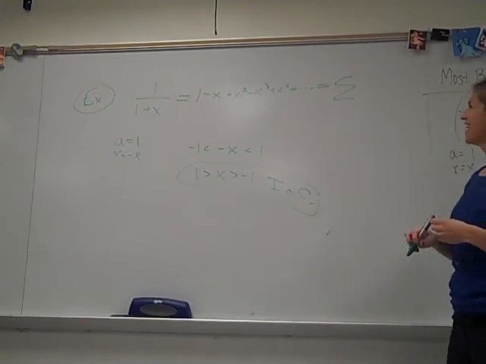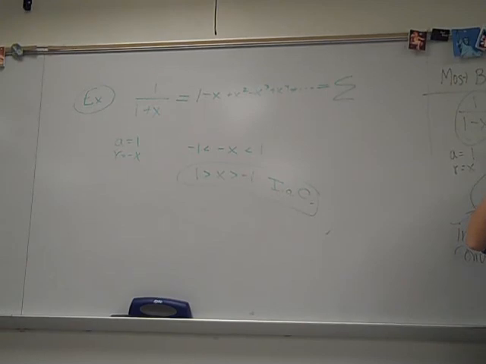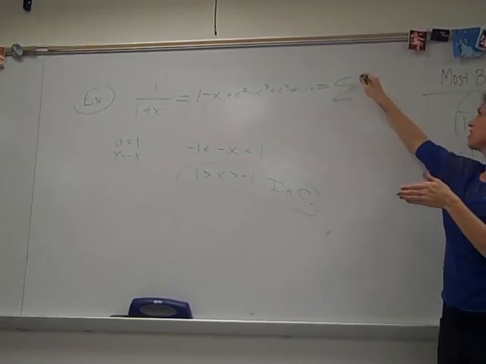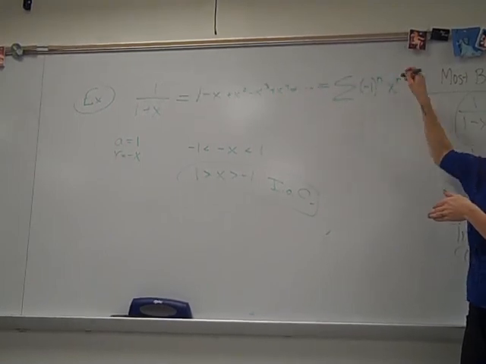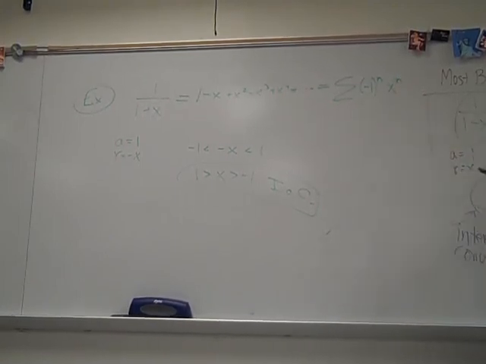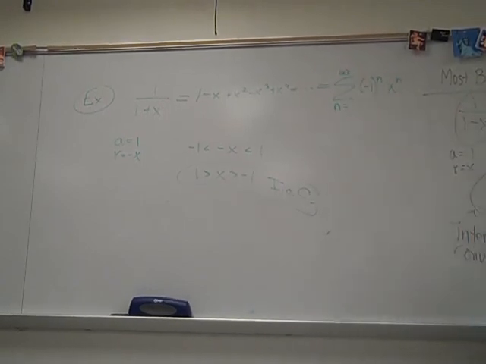Now, two things. One thing is it has an alternator. If you want a systematic way of doing it, you could say this is negative 1 to the n, and then this is x to the n. You could put it together, it doesn't matter. Sometimes it's easier to have the alternator separate. You might also need to juggle what n is equal to.